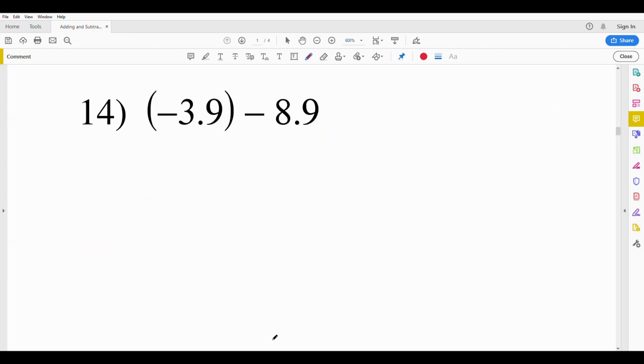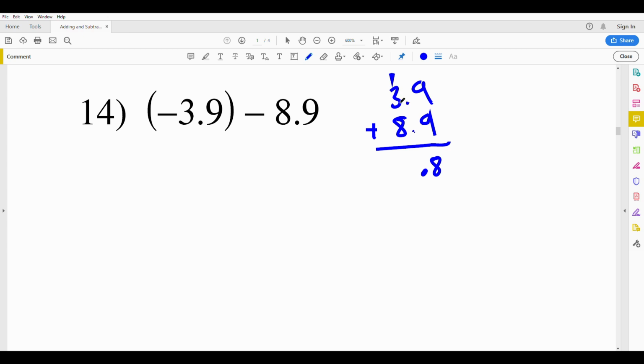In number 14, I'm starting with a negative 3.9, and I'm going further into the negatives because I'm subtracting a positive number. So in order to do this one, I'll just add those distances together. So 3.9 plus 8.9. 9/10 plus 9/10 is 1.8, or 1 8/10.